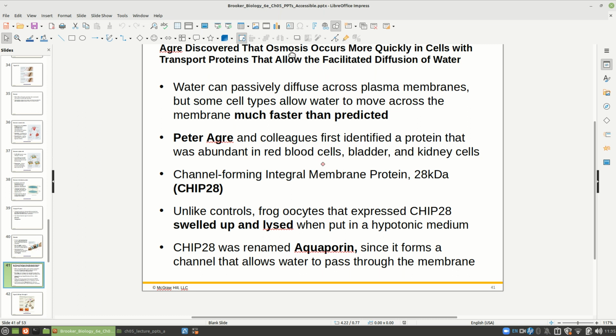So, in general, you need to know those terms, and you need to understand osmosis. And then you need to understand transport proteins and facilitated diffusion. What that means is you facilitate the movement of water across the membrane. So these are just some terms. Get used to using those terms.